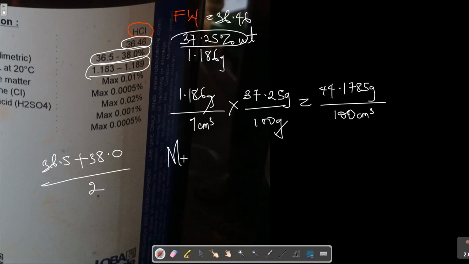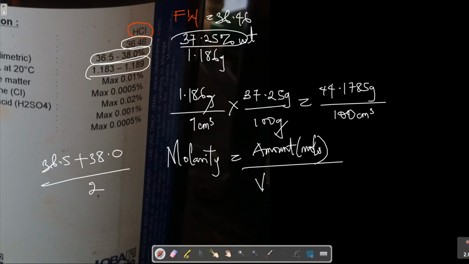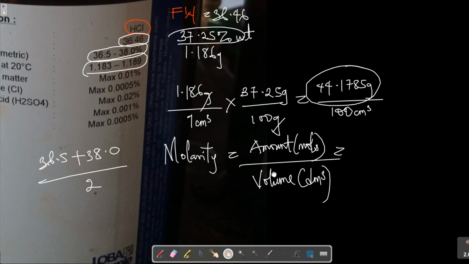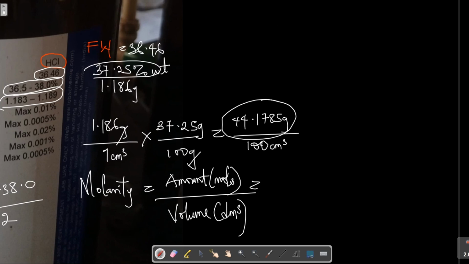All right, as usual, molarity, which is our concentration, is amount in moles over volume in dm cube. Okay, so amount first, we can convert the grams there to amount.